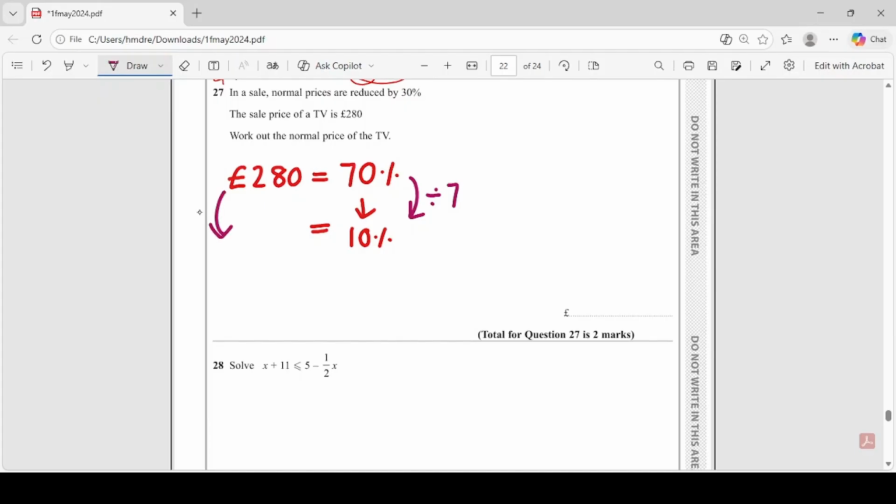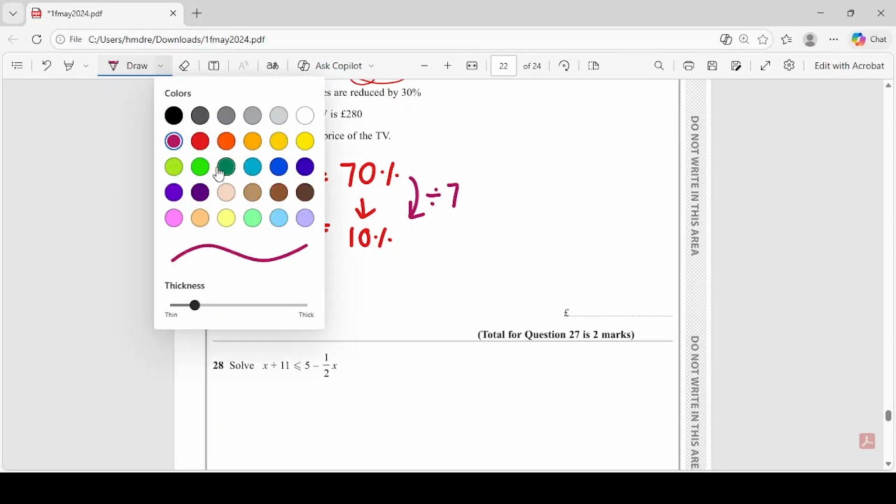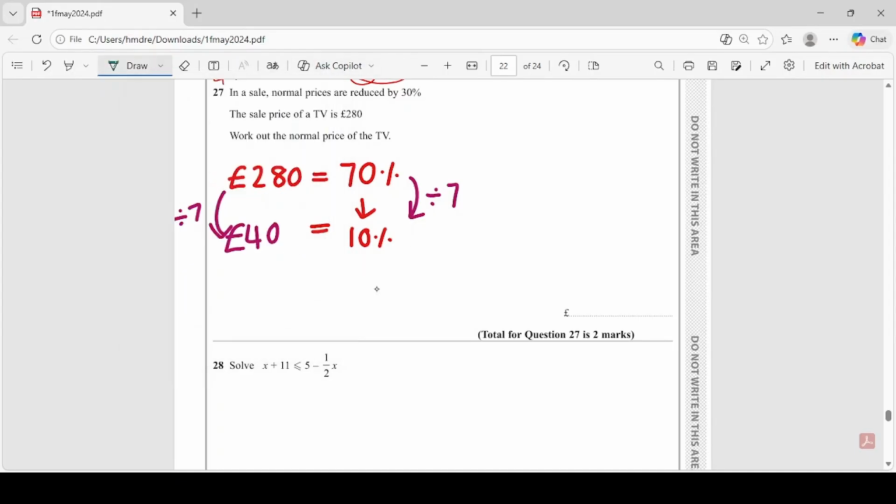Let's do the same here. £280 divided by 7, or 28 divided by 7. So 7, 14, 21, 28 goes in there 40 times. So 10% would be 40, but I want 100%. So let's see, what do we have to do to get to 100%?